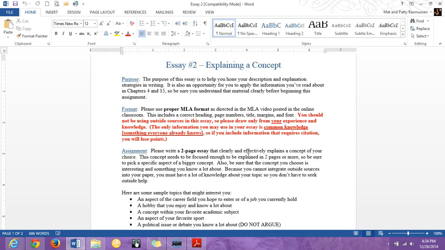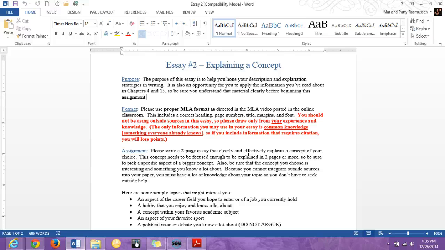So a really big element that is important to this type of writing is not using outside sources. The point of this essay is not to draw in research and go out and find different sources to help support the information that you're trying to provide. You simply have to use your own knowledge and understanding in order to teach your reader.